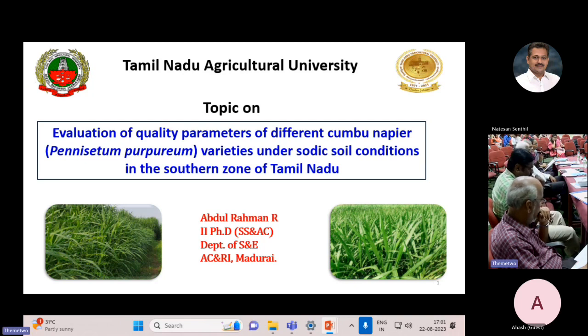The soil was collected from the Thoothukudi region, Devi Sayalpuram, sir. The pH is 9.76.